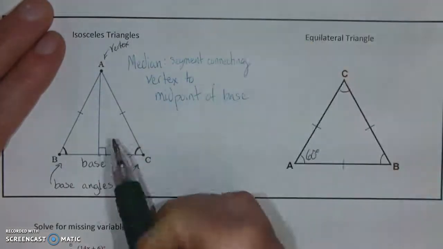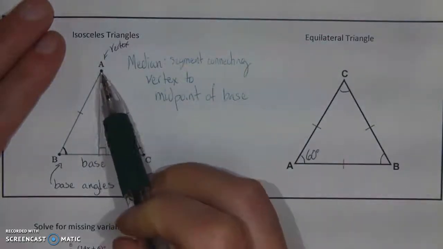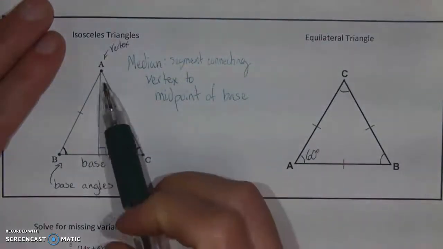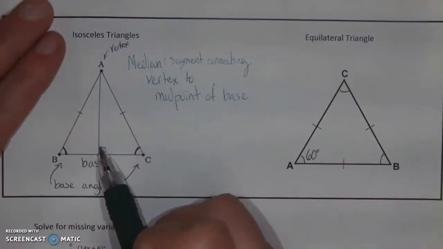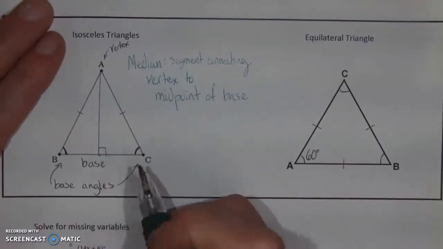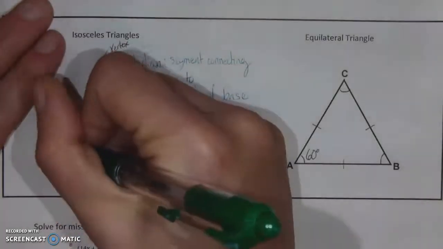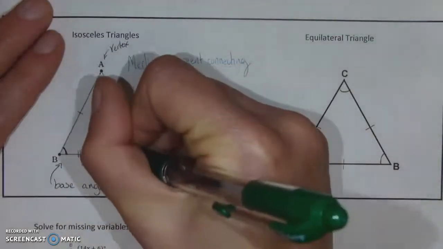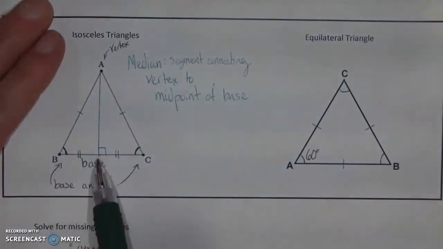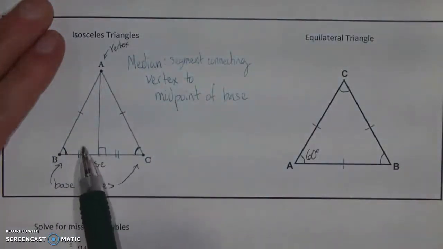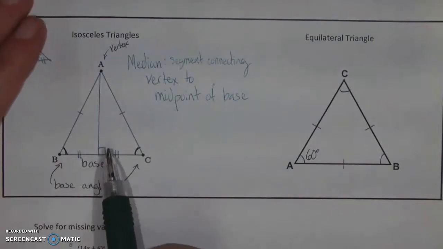And in an isosceles triangle, we're going to have a very special case because not only does this come down to the exact midpoint of the base, it also hits at a 90-degree angle. And because it's hitting the midpoint, I know that these two sections from B to this midpoint and from C to this midpoint are going to be equal as well.